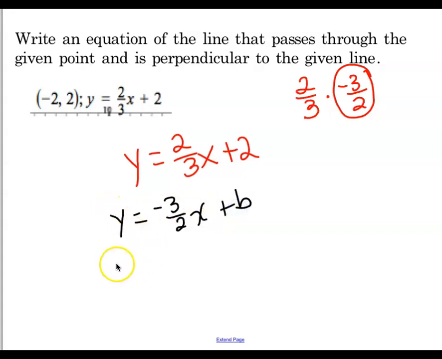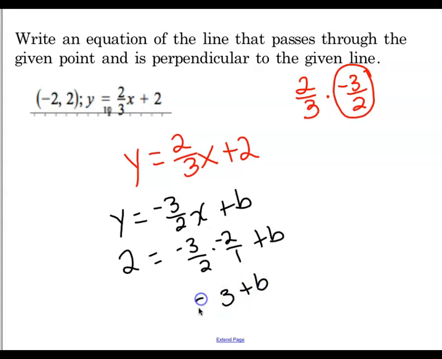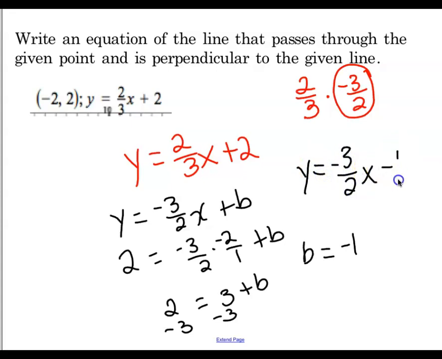I take my point, y is 2, x is negative 2, and I need to solve for b. So I get 3 plus b equals 2. I subtract 3, and I get b to equal negative 1. So my equation for the line perpendicular is y equals negative 3/2 x minus 1. That would be perpendicular to that given line.